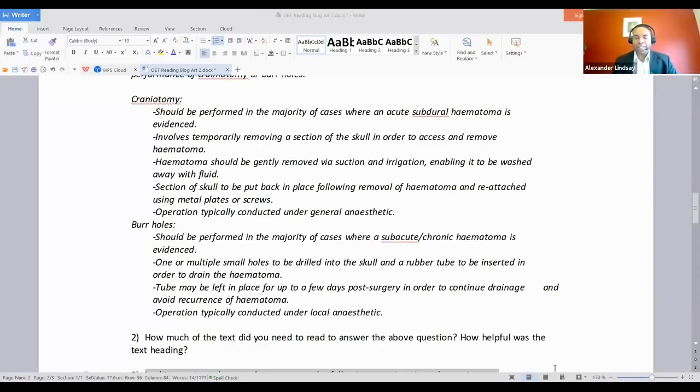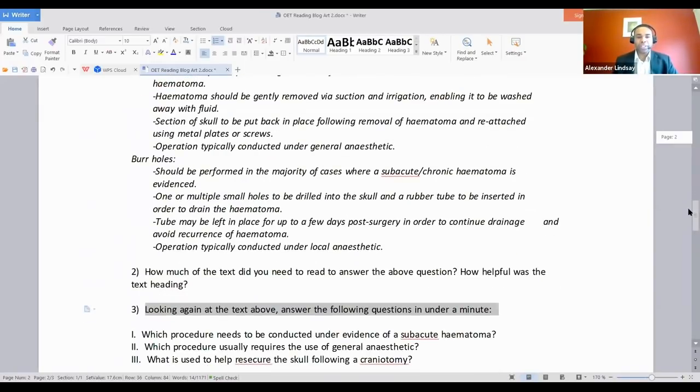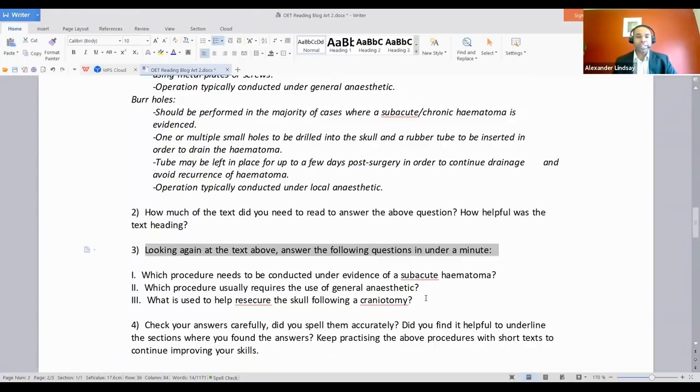So let's see what we've got then. So for question number 1, which procedure needs to be conducted under evidence of a subacute hematoma? What have we got here? Let's see. So we've got some that say craniotomy. Where are the questions on Facebook? Okay, so the questions, I did put them in the chat there, but I guess on Facebook, yeah, you wouldn't have seen them, sorry. So these are the questions.